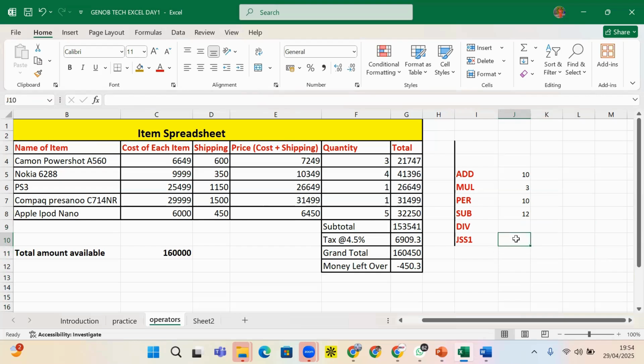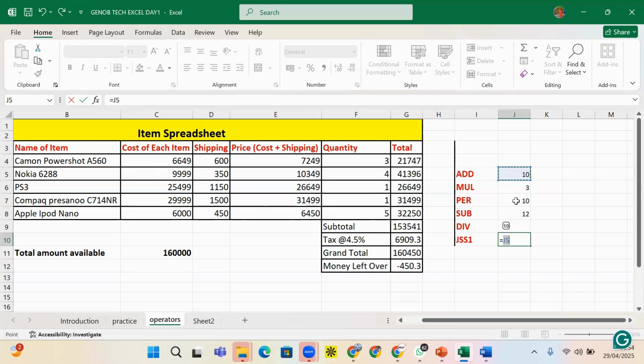Yeah. Okay, so let us perform. I want to compare this with this to see if they are equal. I say equal to this. Is 10 equal to 10? It will return true if the answer is correct, and return false if it is not true, right? Okay, so let me change it.